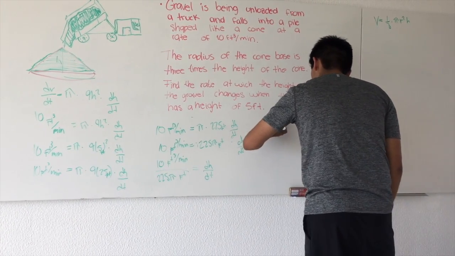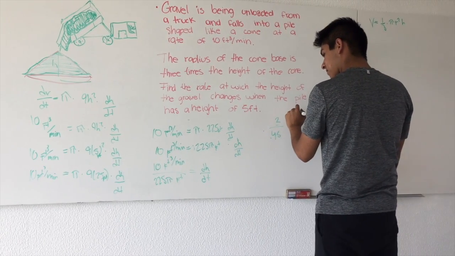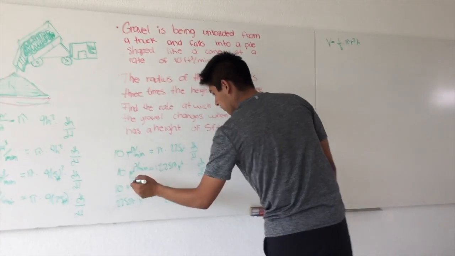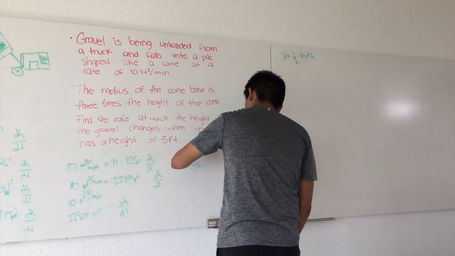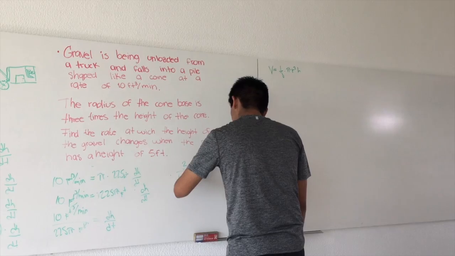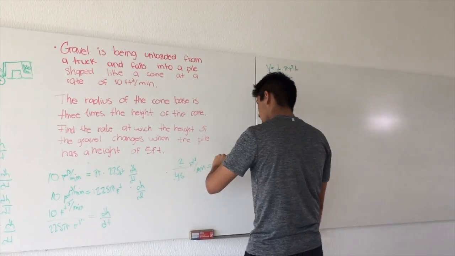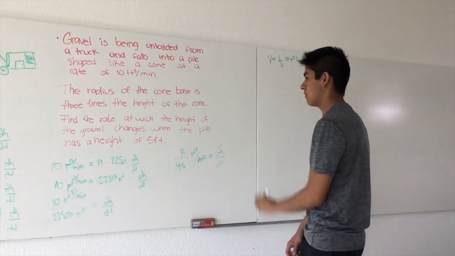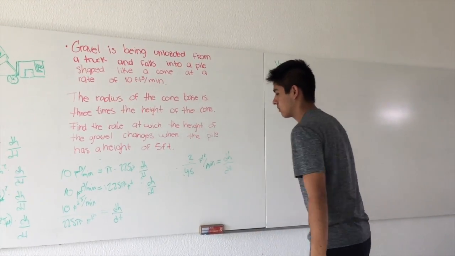This is going to be a 45. We have the feet simplified, so we get feet squared over minute, equal to dh over dt, that is the rate of change of when the height of the gravel changes.